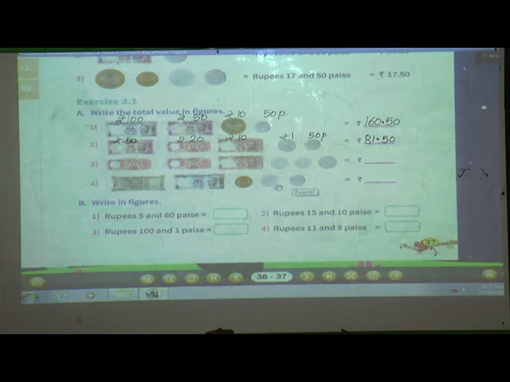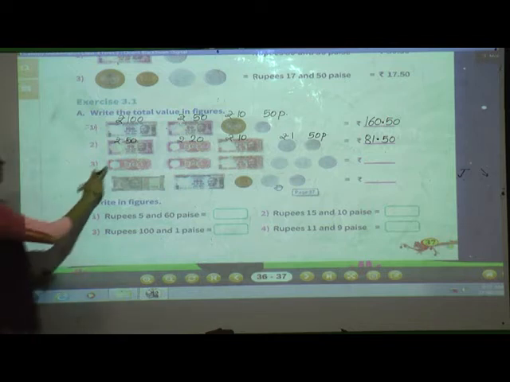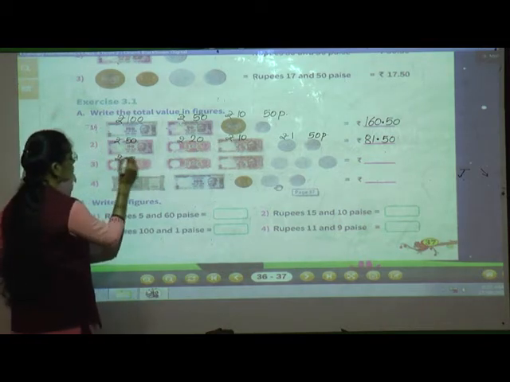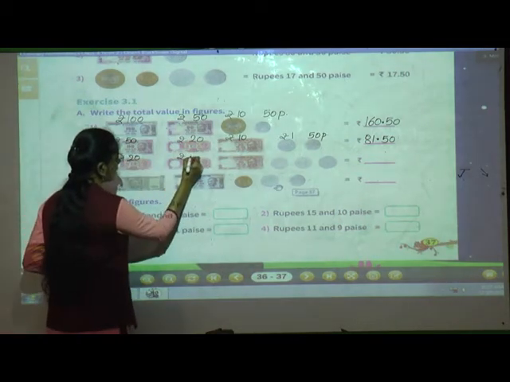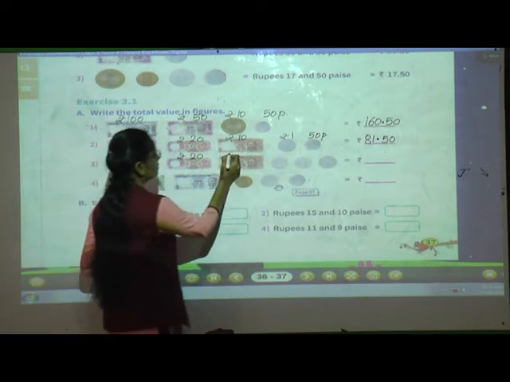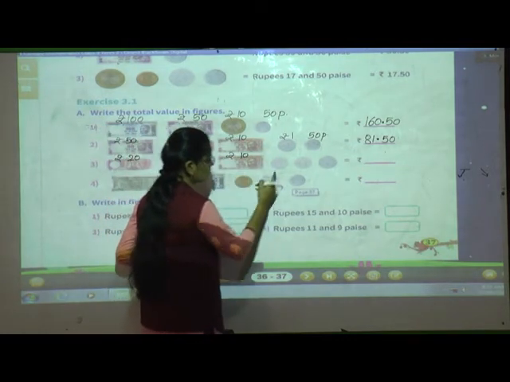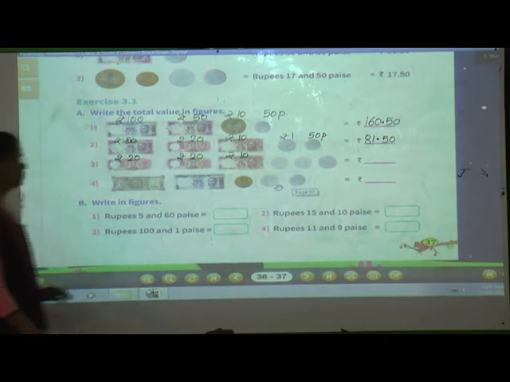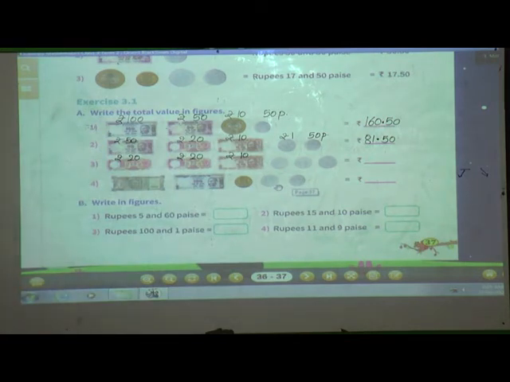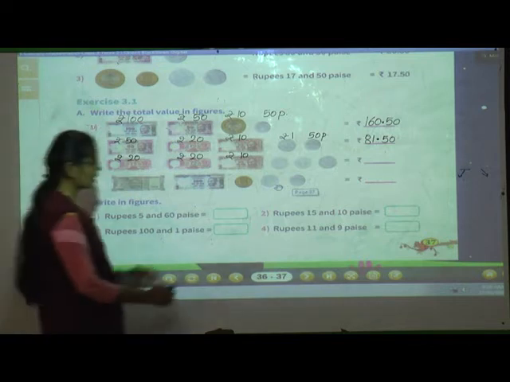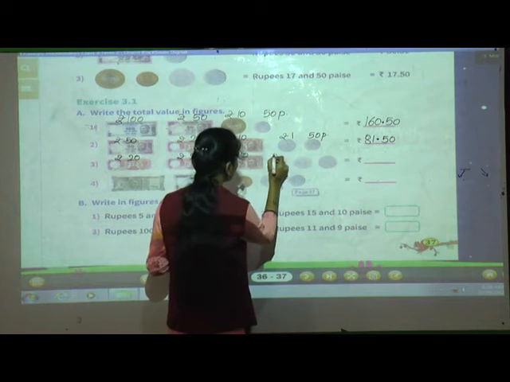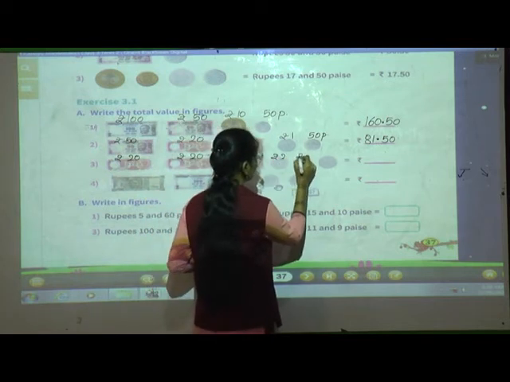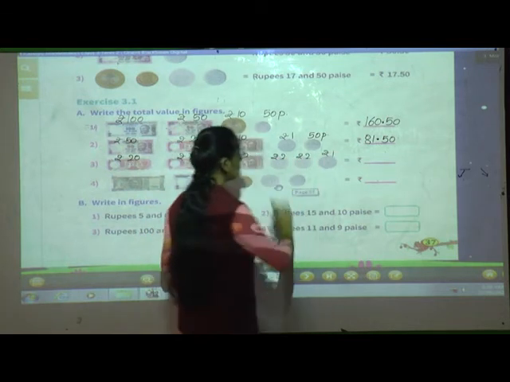Next, third one. See the notes and coins. This is 20. Again here 20 rupees note. Then here 10 rupees note. Then see the coins. Which coins are there? 2, 2 and 1. This is a coin of 2 rupees. This is also 2 and 1 rupee coin is there.